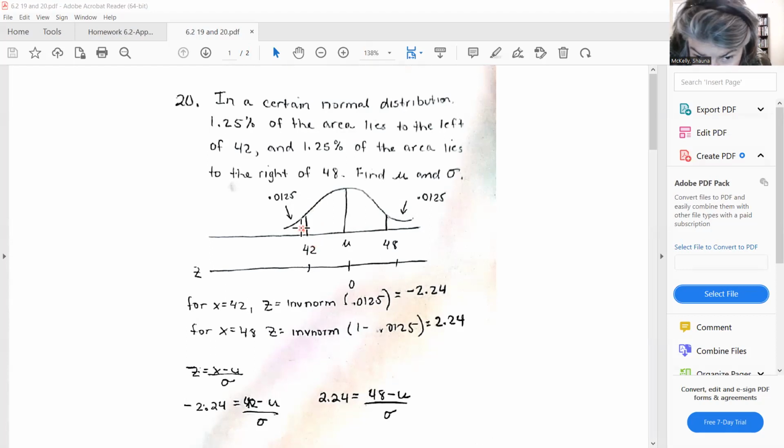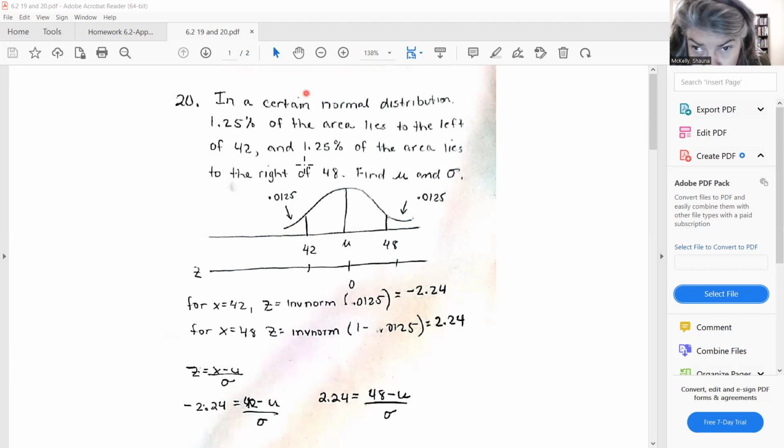So here, this is my x, and I want the value that is to the left of it. So 42 there, okay? So inverse norm 0.0125, you should get negative 2.24.